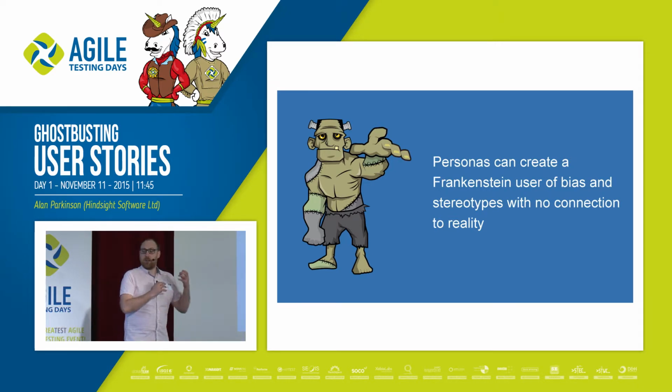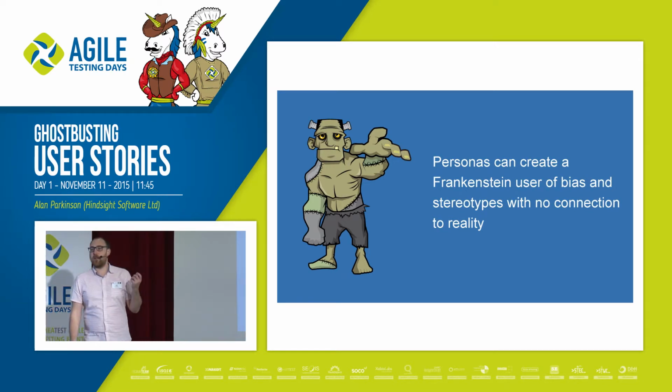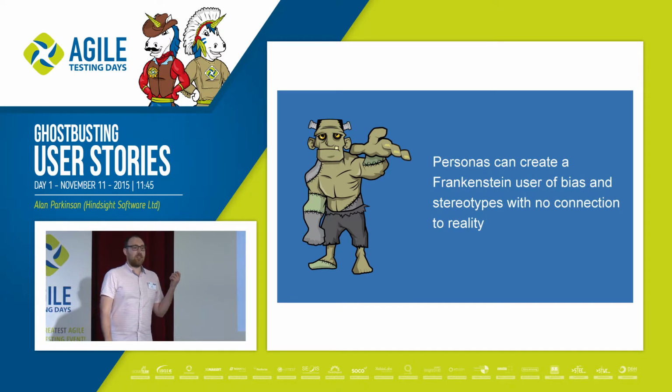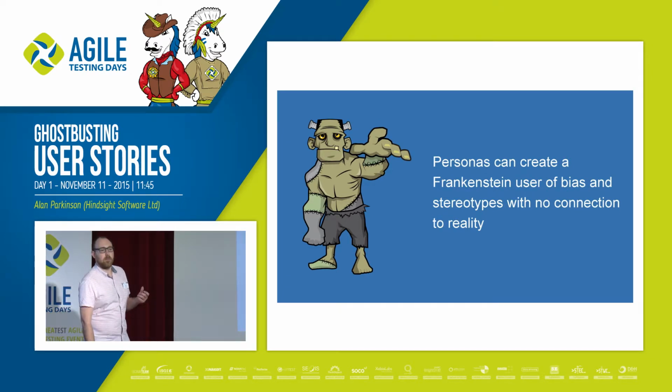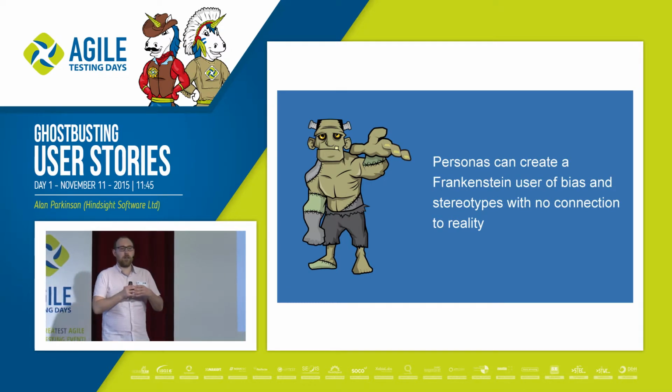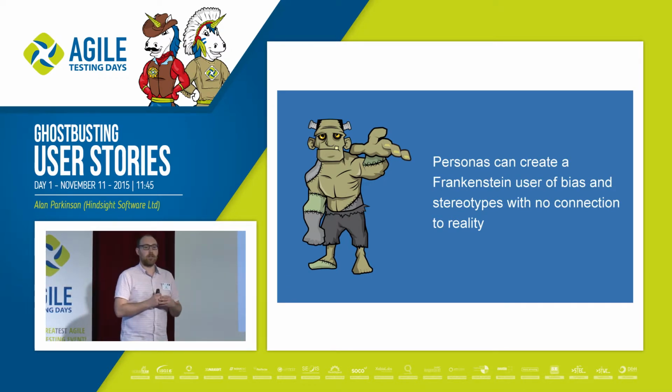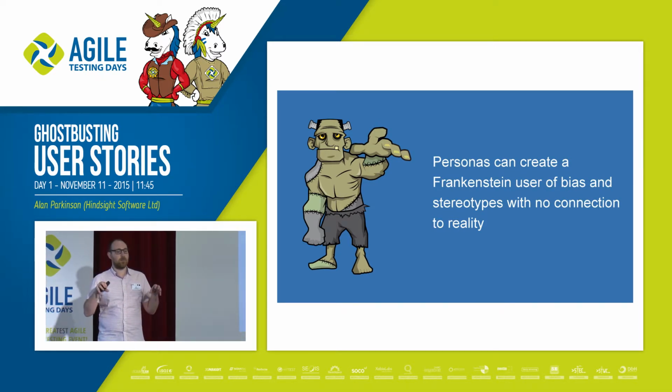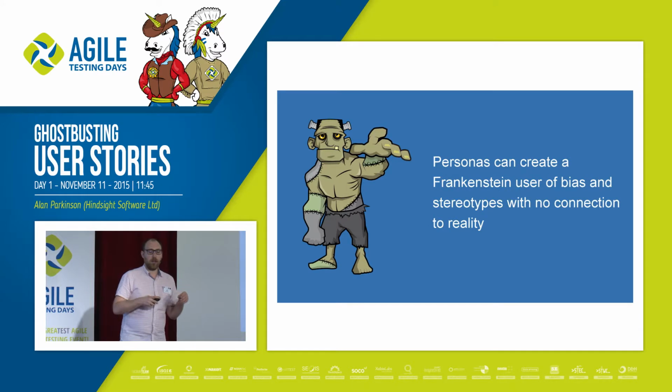By using data incorrectly or applying biases or stereotypes, you'll end up with a Frankenstein persona, which is no use at all. Michael's context earlier today was in accessibility. If you put all the disabilities into one persona, you would end up with a Frankenstein persona. You have to be very careful how you construct them so they're useful.